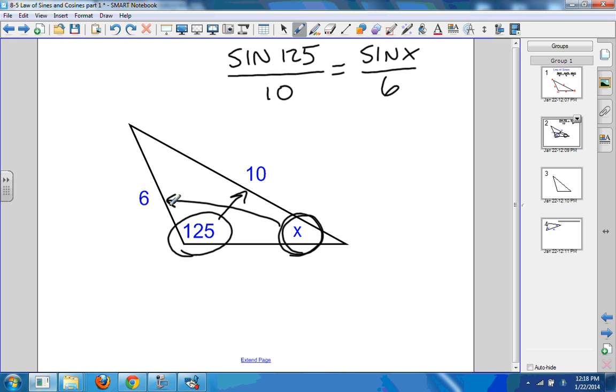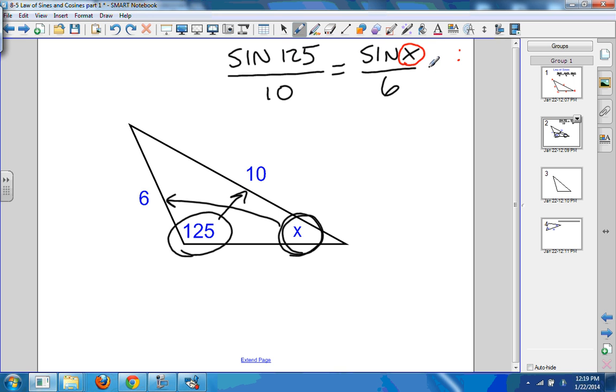So now, after we have our equation, we have to solve for our variable, which is right here. That means we need to get rid of two things. We need to get rid of this 6, and we need to get rid of the sine that is next to the x. The first thing we're going to get rid of is the 6. The 6 is dividing, right? So we need to do the opposite of that, and we're going to multiply by 6.